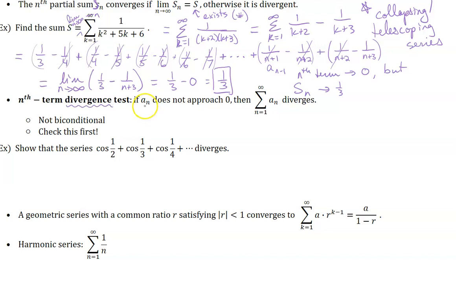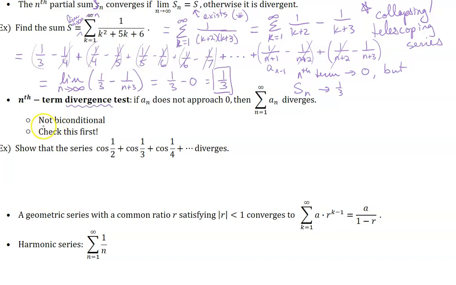If the nth term does not approach 0, then that means the infinite sum has to diverge, okay? So let me say that again. If the last term does not approach 0, well, that means that if we continue to add things and the value that we're adding isn't getting closer and closer and closer to 0, we can't approach a finite sum. Okay, so therefore the series has to diverge.